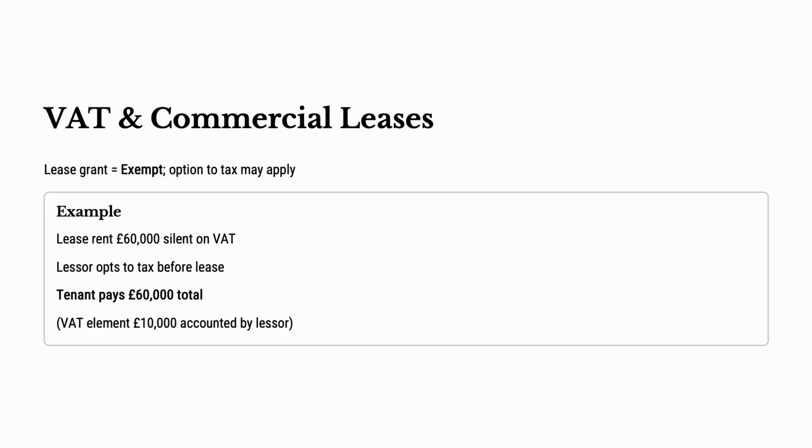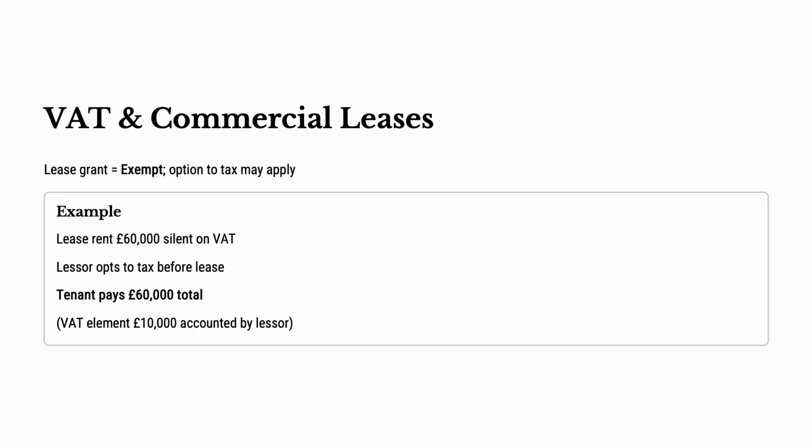What happens? The tenant pays £60,000 total, but here is the key: the £60,000 is now treated as VAT inclusive. The VAT element is £10,000 and the net rent is £50,000. The landlord must account for £10,000 VAT to HMRC at that point. The tenant does not pay more than the stated £60,000, but the landlord's net receipt is reduced because they have to extract and remit the VAT element.